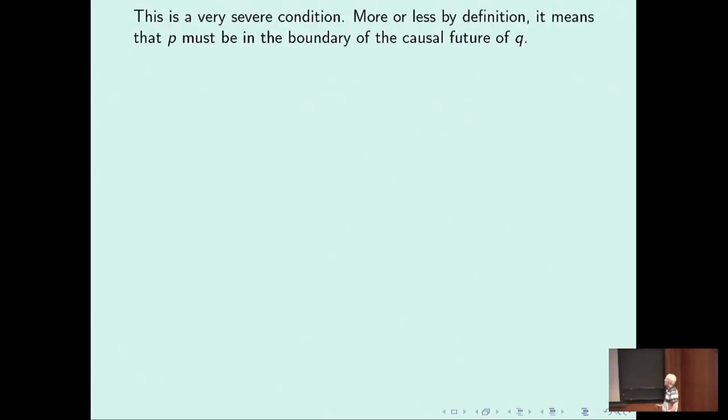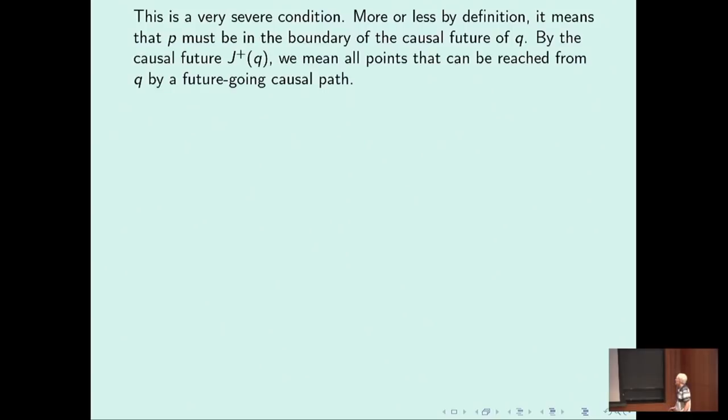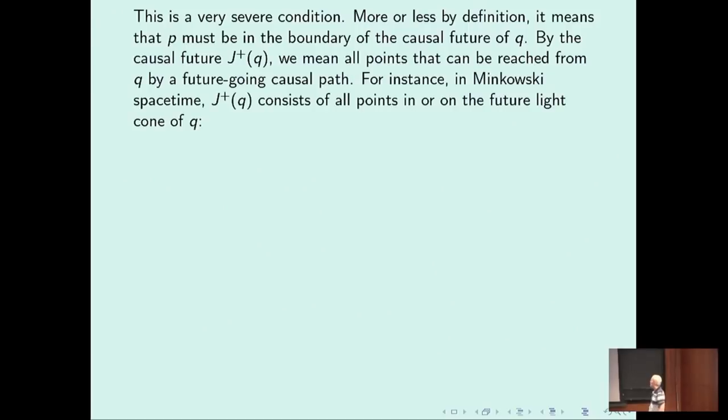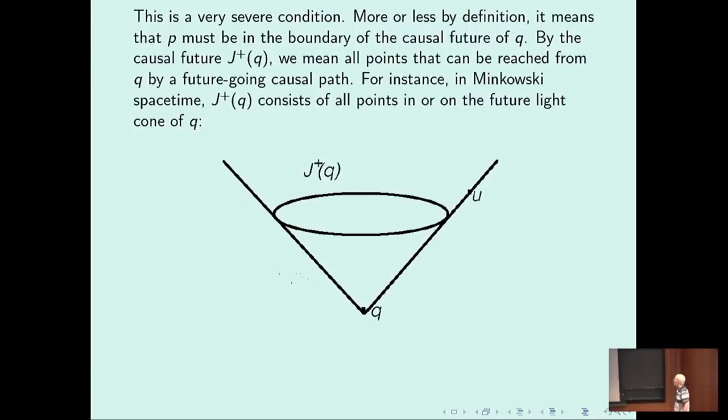So more or less by definition, it means P must be in the boundary of the causal future of Q. By the causal future J plus of Q, we mean all points that we can reach from Q by a future-going causal path. For instance, in Minkowski spacetime, J plus of Q consists of all points in or on the future light cone. Well, if a point U is inside the future light cone, then a point slightly to its past is also inside the future light cone.